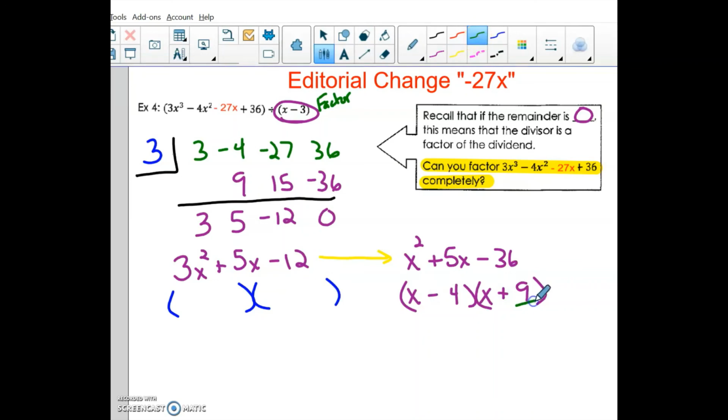Let's give back our 3. The 3 does not divide into the 4. So our factor there is 3x minus 4. And the second factor does simplify, giving us x plus 3. And so that's the remaining factors of this problem. So that is a little extra step at the end of the synthetic division.